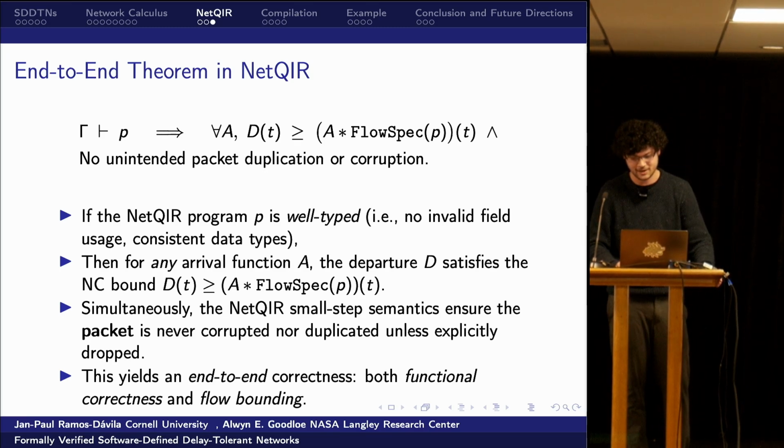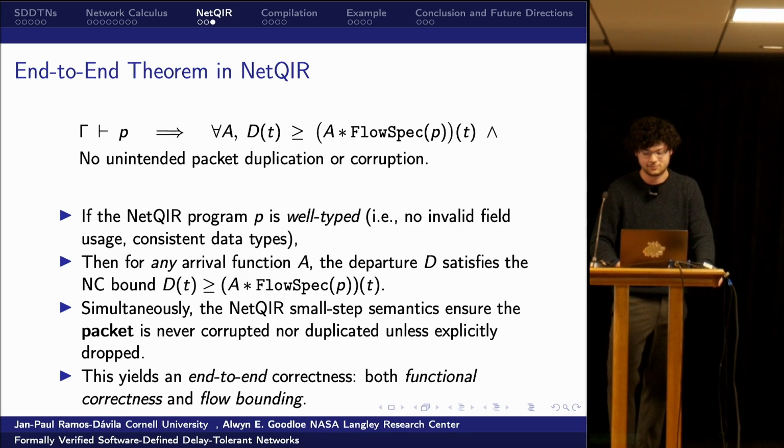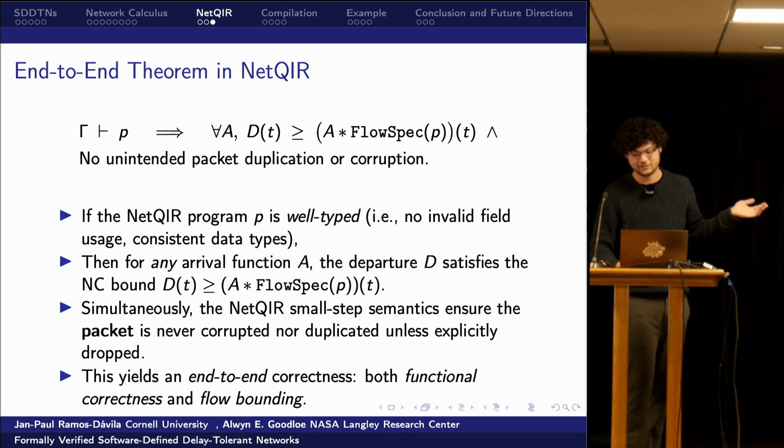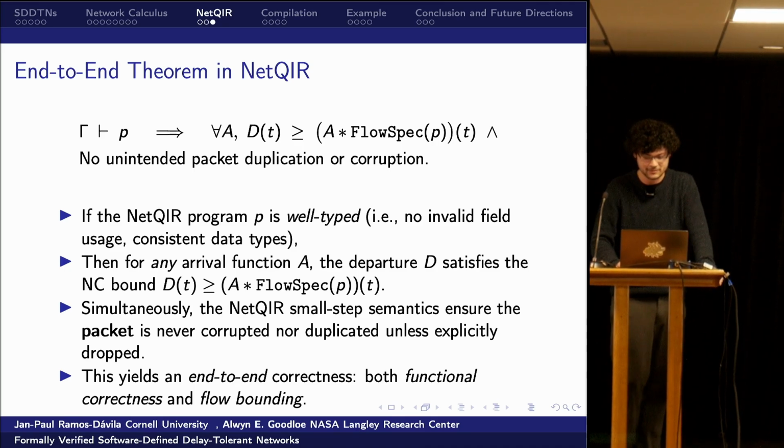So we have this hypothesis that just means that if P is well-typed in NetQIR's type system, then this prevents ill-formed statements. This can be, for example, writing a bit 16 into a bit 8 field, which is important. If we go back to the bundle protocol versions, they have different sizes for these fields. So it really matters to make sure that we don't end up overflowing the wrong version because of this.